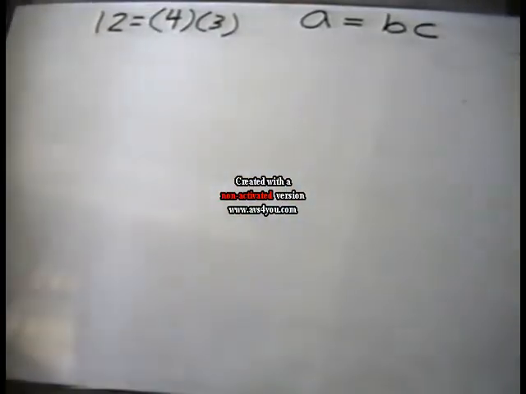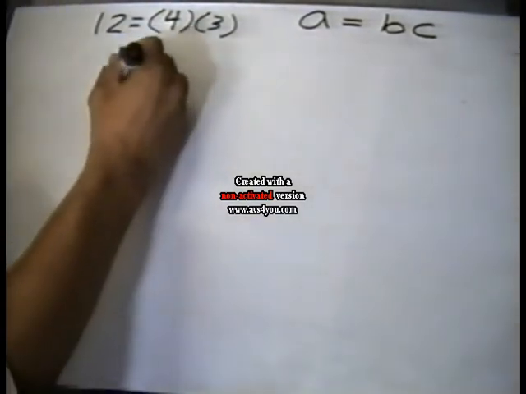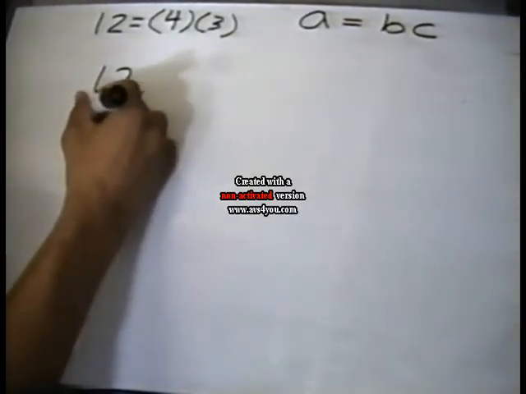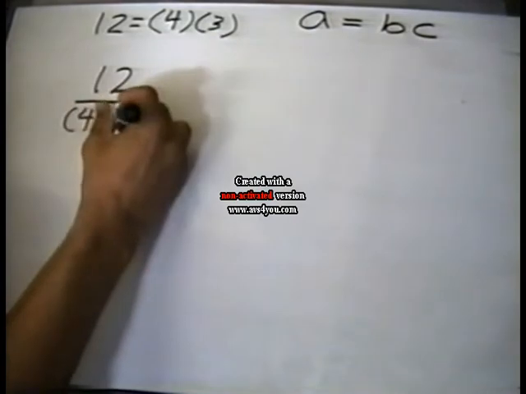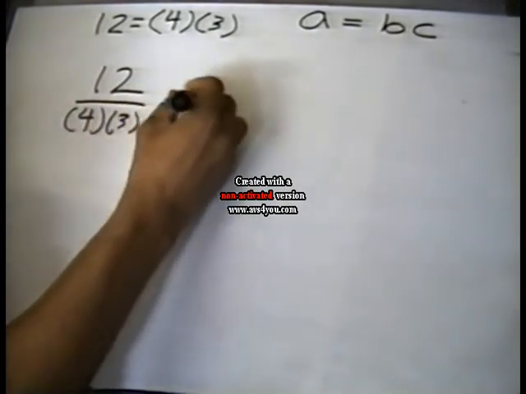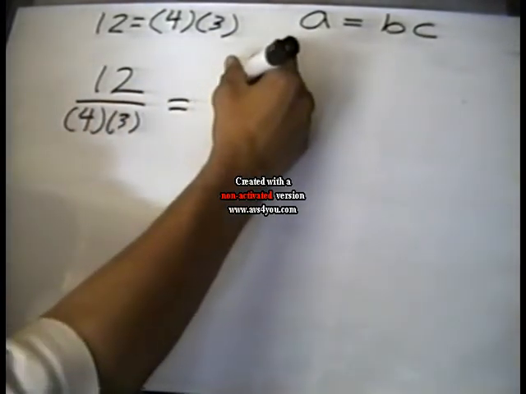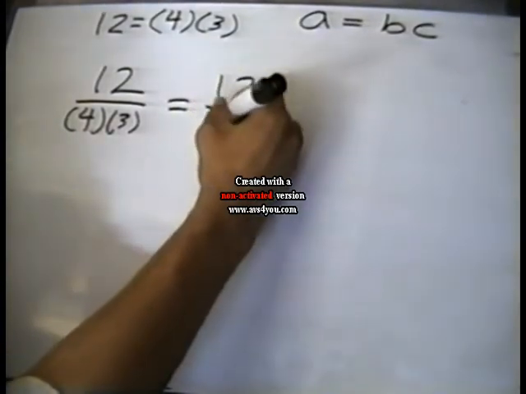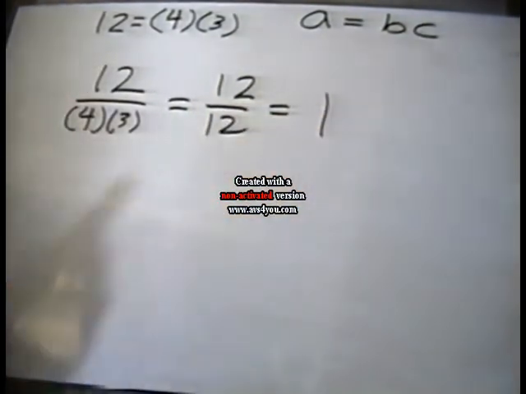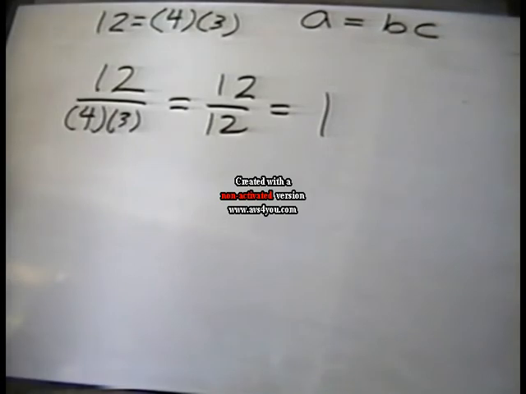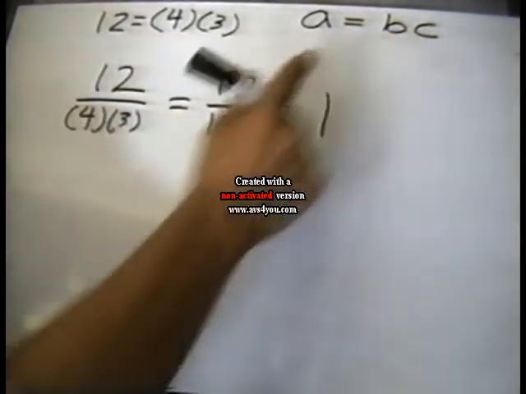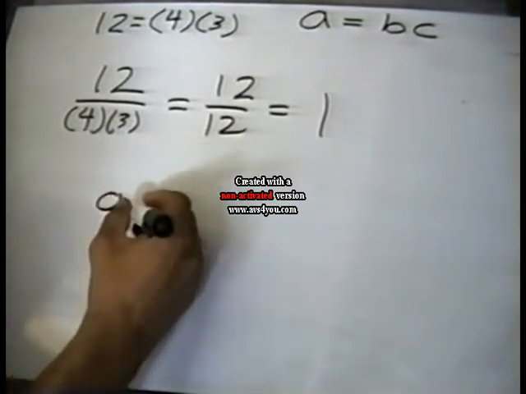So if an equation is true, when you set one over the other, then that equals 1. That's true for here too. Meaning 12 over 4 times 3 equals 12 over 12, which equals 1.